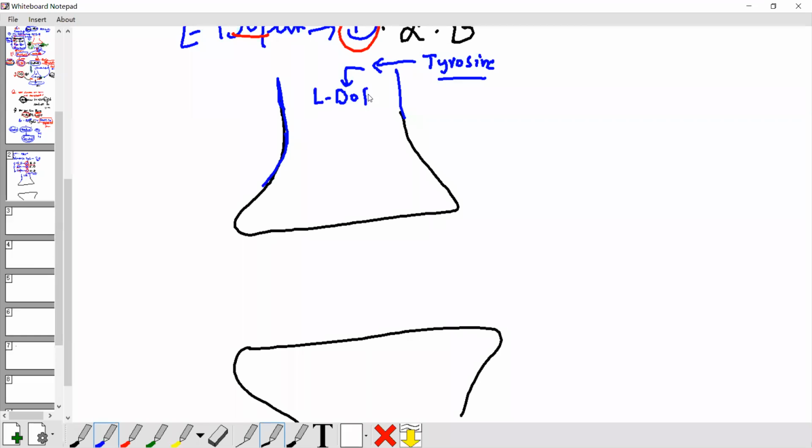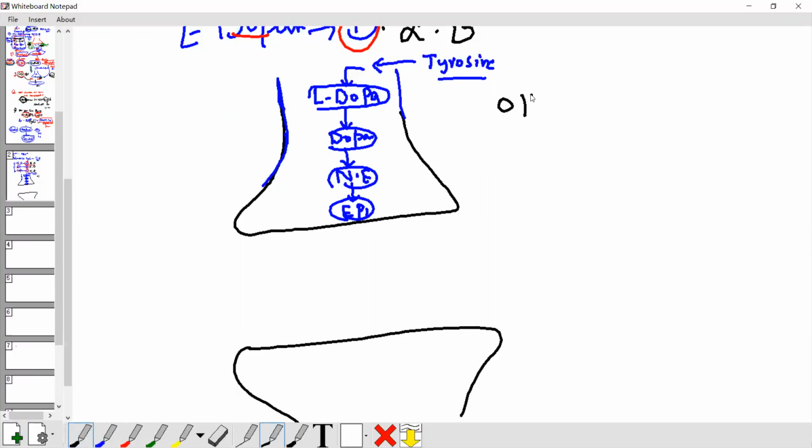L-dopa changes to dopamine, then dopamine changes to norepinephrine, then norepinephrine changes to epinephrine. How many steps are there? There are 4 steps.